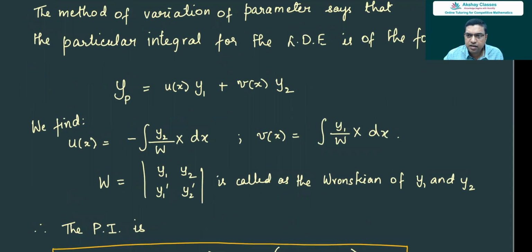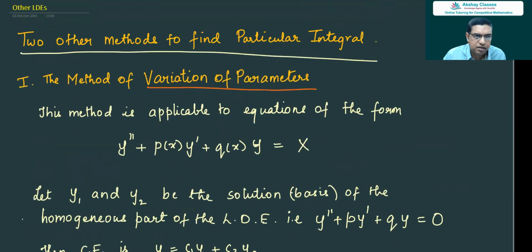So in the last class that we had, we were discussing the methods of finding the particular integral. One method that we discussed last week was the method of variation of parameters.